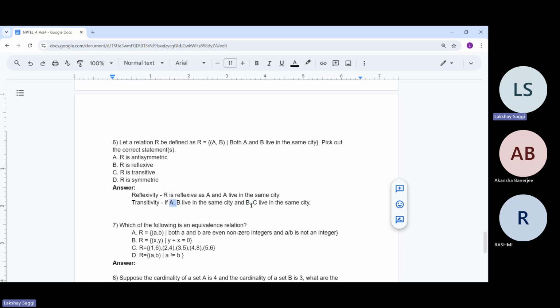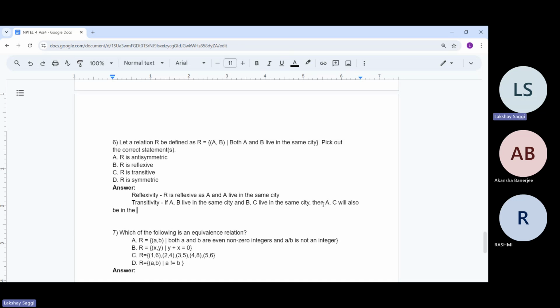We know that A and B both live in Delhi, and B and C live in the same city. We know that B lives in Delhi, so C must also live in Delhi. So A, B, and C all live in Delhi. So A and C also live in the same city and hence are related to each other. Then (A, C) will also be in R, and hence R is transitive. Right.